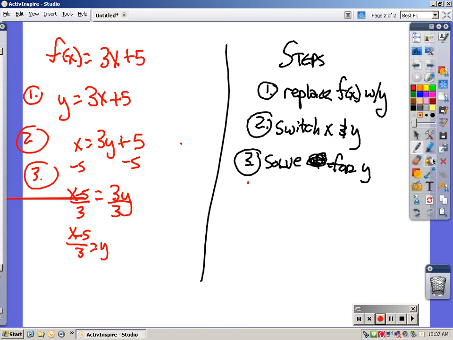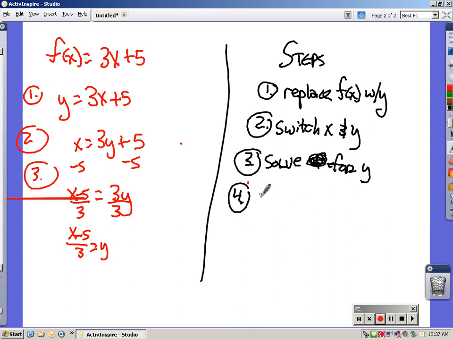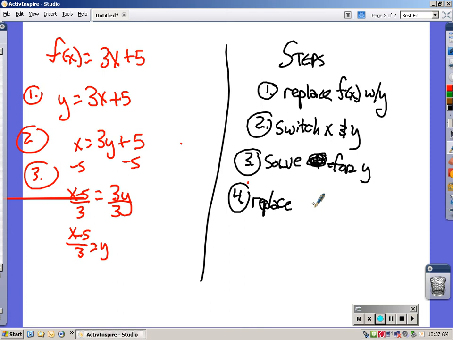And then we're just going to do some bookkeeping, some clerical tasks. We're going to put it back in terms of f of x. So we're going to replace the y, the outputs, with the symbol for the inverse of f, which is f inverse of x.